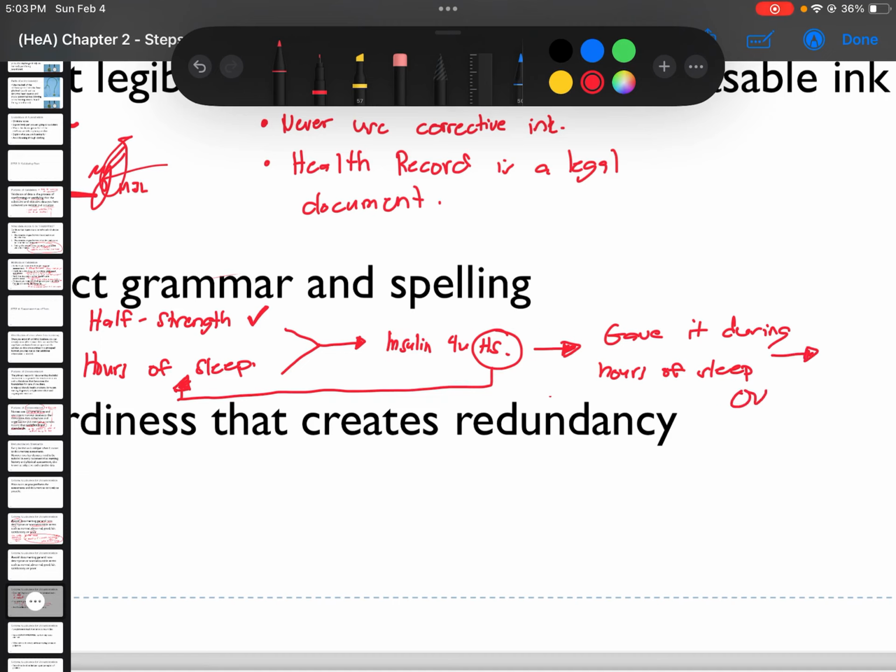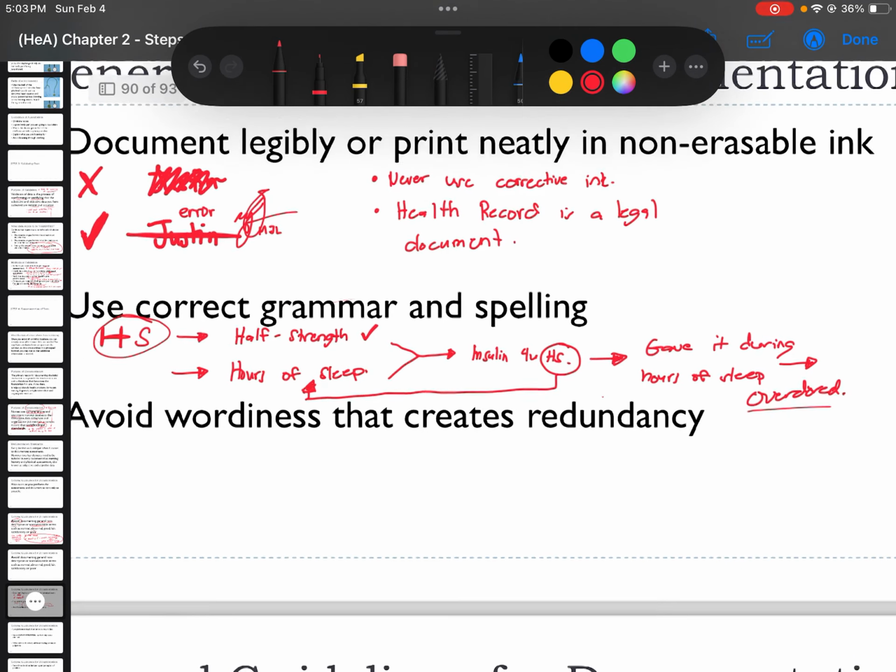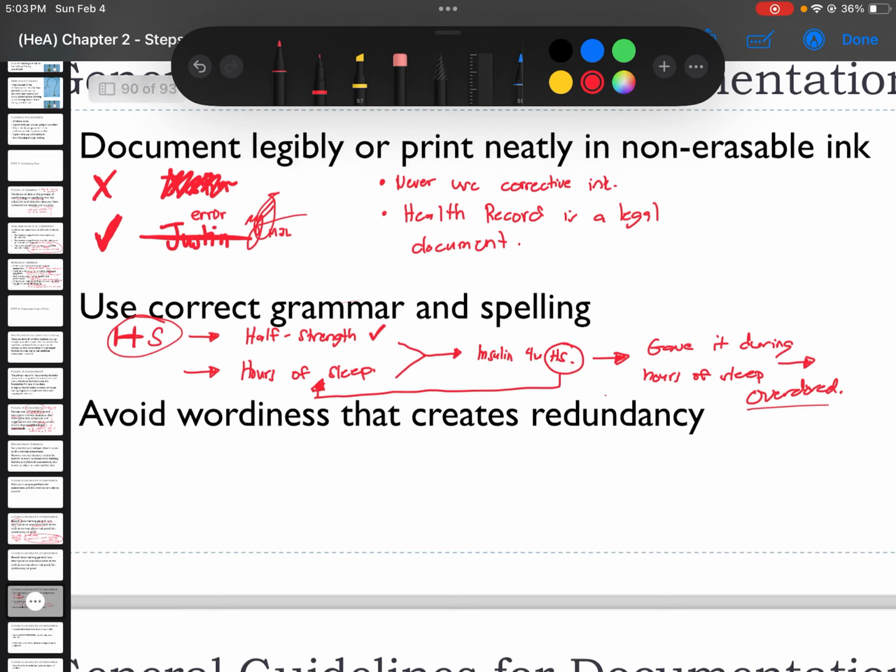So the ending is you overdosed your patient. Right? That's just because of a minor misunderstanding. That's why you have to confirm, or you have to check.